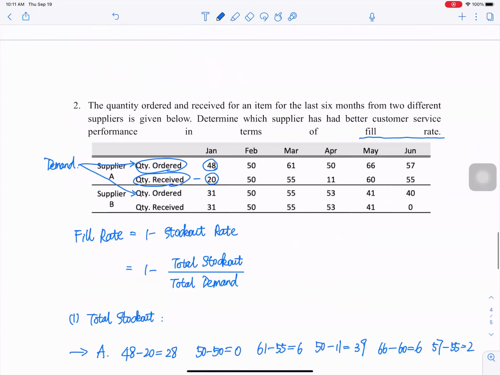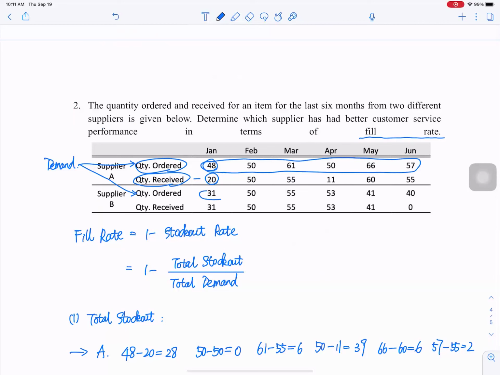And the total demand, just like we mentioned, equals the summation of the first row for each supplier. For example, if we want to calculate the total demand for supplier A, then we need to calculate the summation of the first row here, which refers to the quantity ordered for all 6 months.